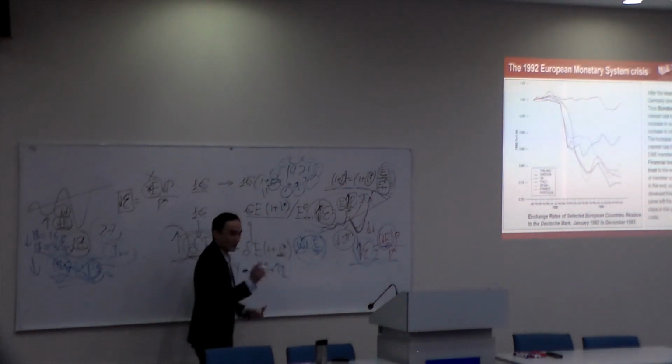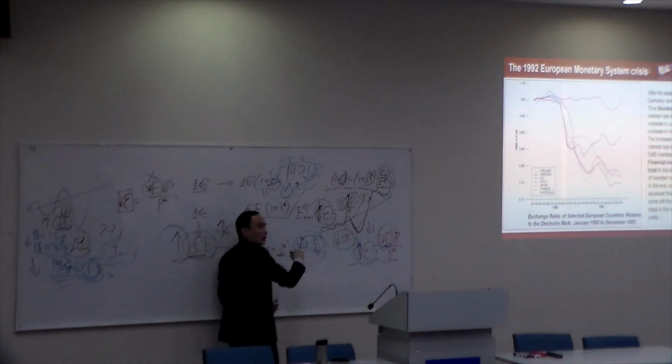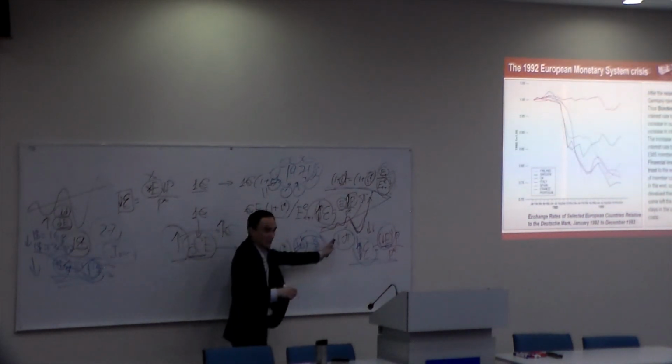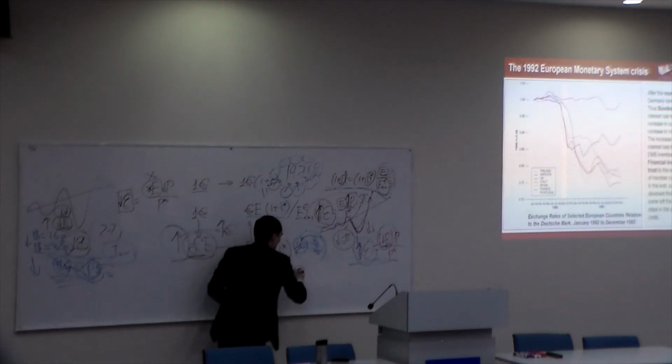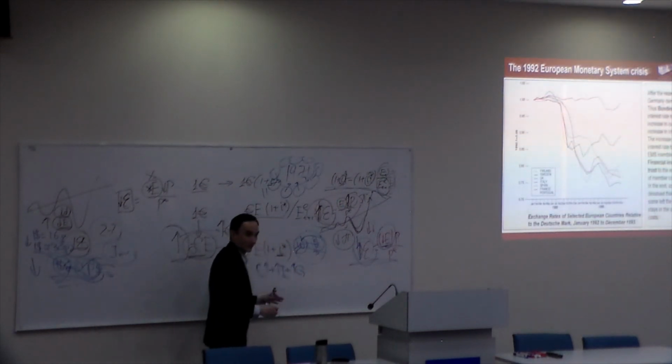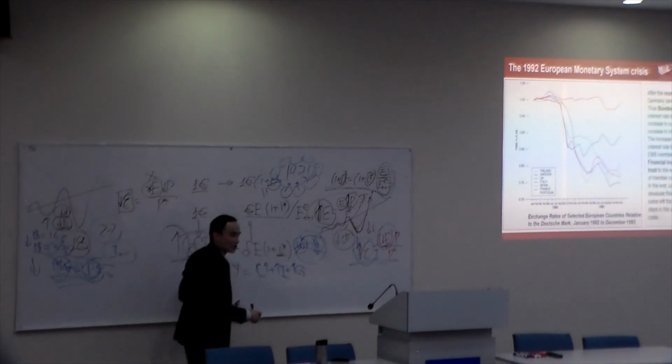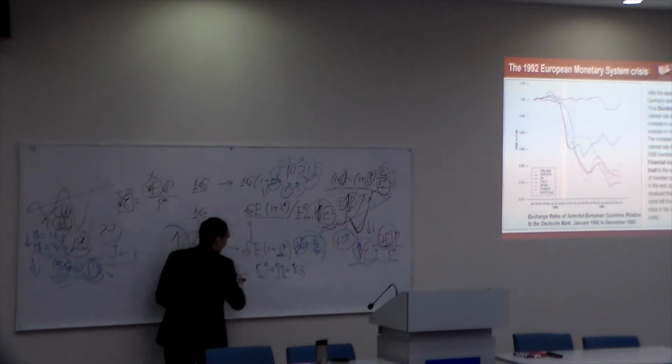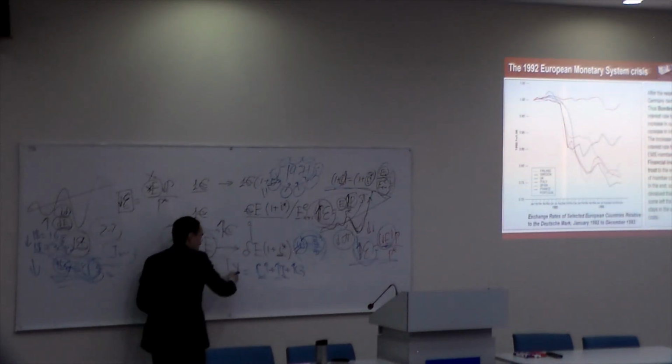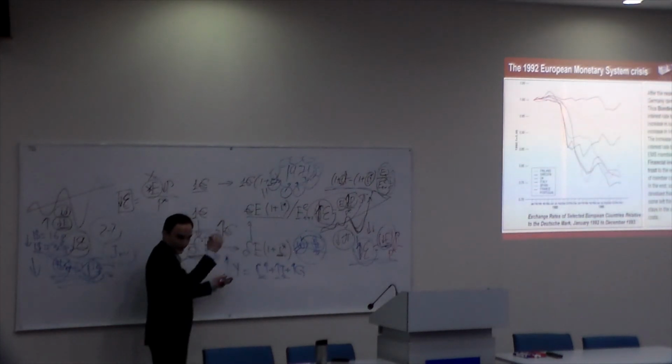Plus, the government was implementing fiscal policy to help this part. Okay? Government spending also increased, which means that you can see that output of Germany started growing.